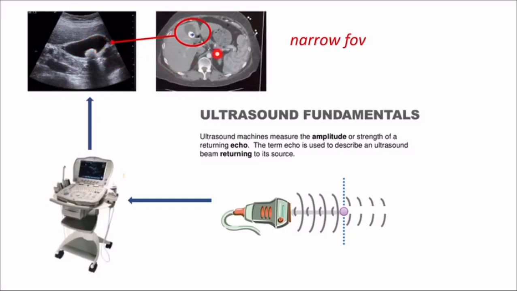So you should note that the ultrasound examination has a narrow field of view compared to a CT scan procedure in which there is a 360-degree image of the entire abdomen. The ultrasound makes use of a narrow field of view, and that's why it's quite operator dependent.